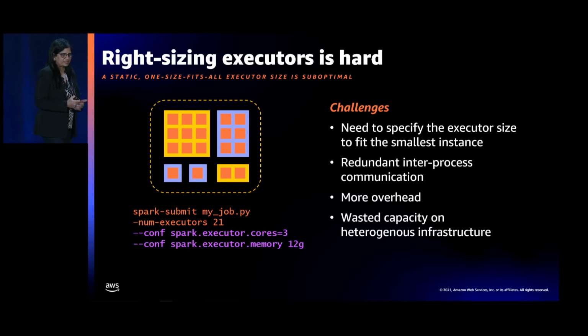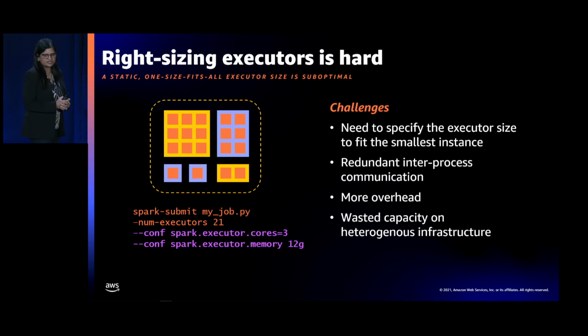So here is an example of one such enhancement. Let's talk about right-sizing executors. One of the primary recommendations we have for customers is to right-size their executors to tailor to their workload. And this is hard because you need to specify the executor size to fit the smallest instance.